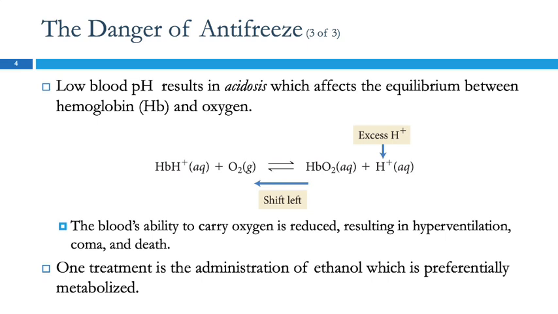And we talked about this before. So hemoglobin can be protonated and act as an acid. Then it reacts with oxygen, picks up the oxygen, and dumps off the hydrogen ion. Well, if there's too much hydrogen ion in your blood, if your blood is too acidic, that affects this equilibrium, shifting it to the left, making the hemoglobin not as able to carry oxygen.